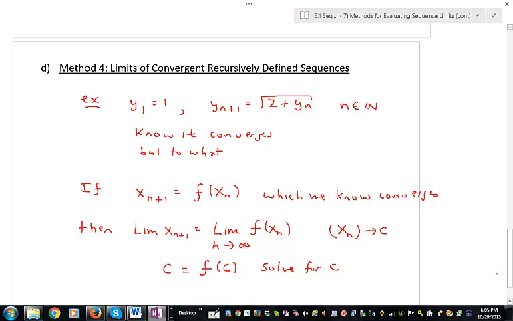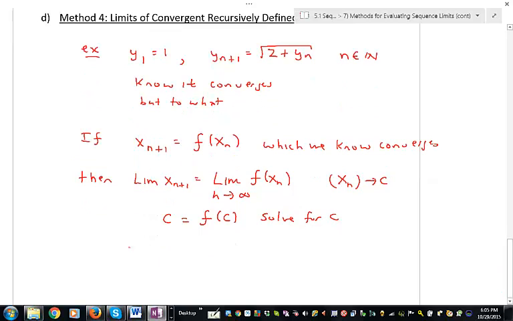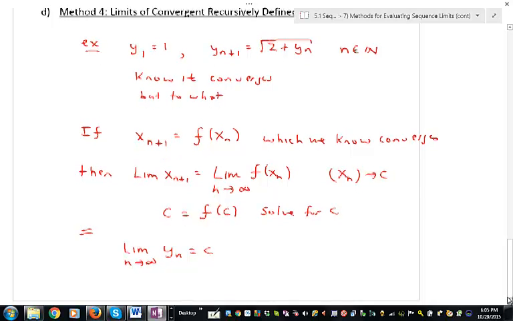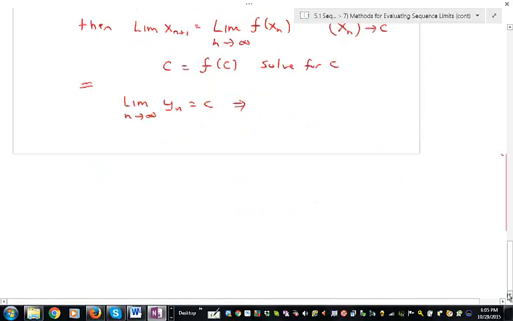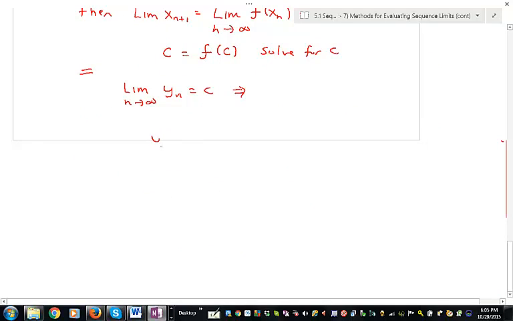And let me illustrate with this example. So in our example, basically what we're going to do is we're going to let the limit of y_n be equal to c, because we know the sequence converges, so we're allowed to write that. So therefore, it follows that if we go back to our expression, I'm going to take the limit of both sides as n goes to infinity.